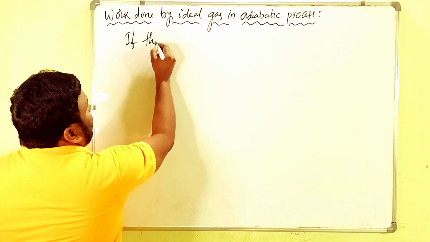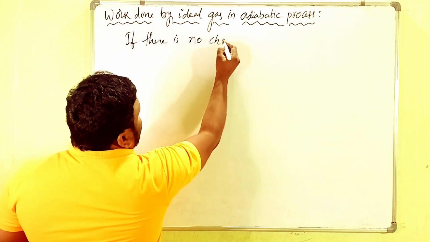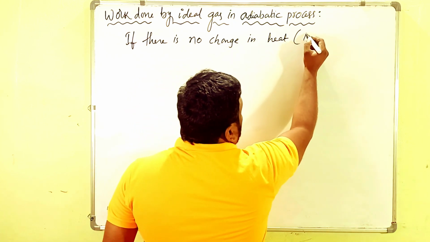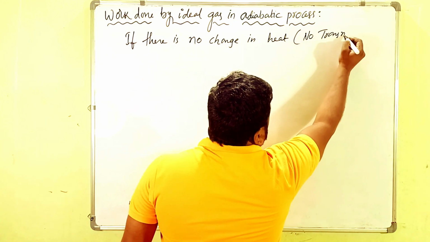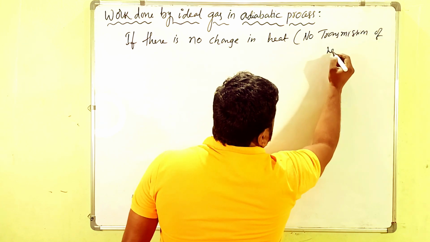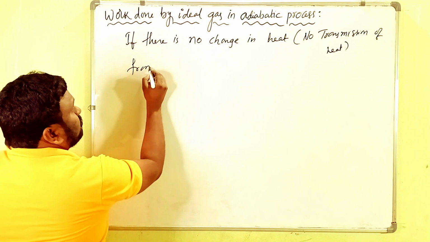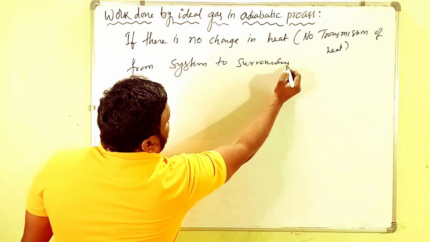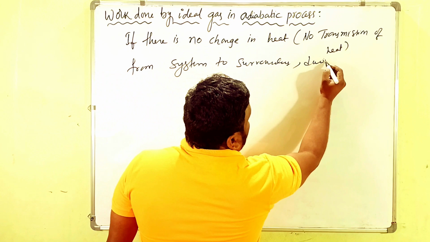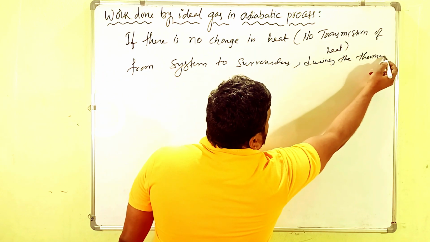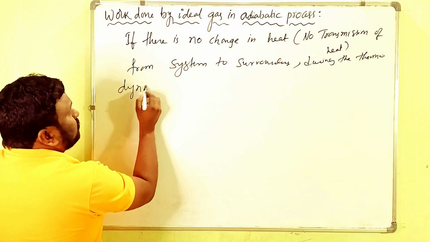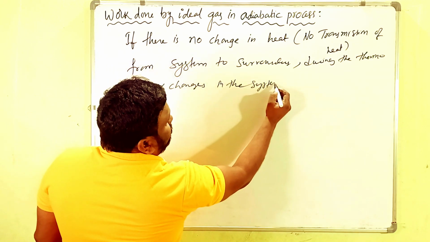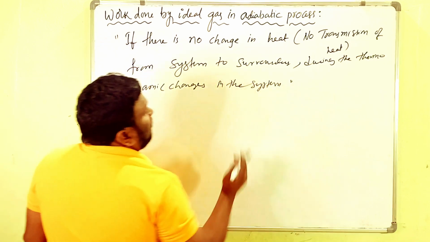If there is no change in heat, that means simply no transmission of heat from system to the surroundings during the thermodynamic changes in the system, that is what we call an adiabatic process.